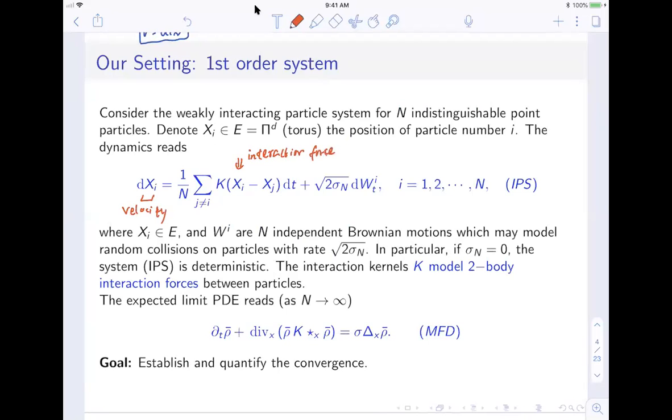Again, we can consider the Brownian motion part. We can add noise, so this becomes an SDE system. This is mean field scaling, and this is a two-body force. We are interested in the case where K is singular.